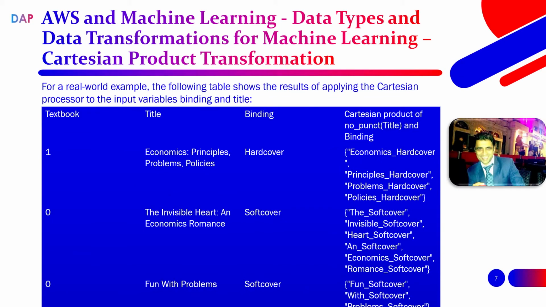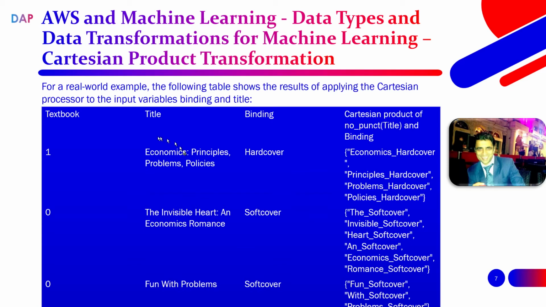Now, for a real-world example, the following table shows the result of applying the Cartesian processor to the input variables binding and title. So if you see, textbook: 1, textbook, not textbook, not textbook. Title: economics, principles, problems, and policies, and binding: hardcover. Cartesian product of the title and binding.